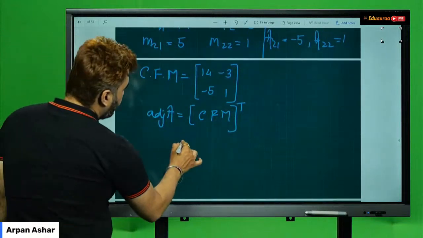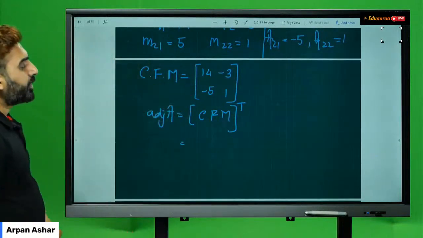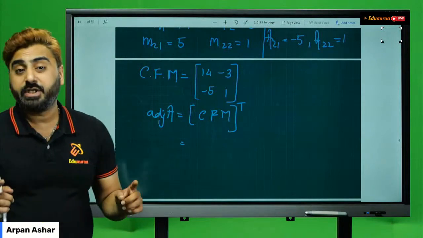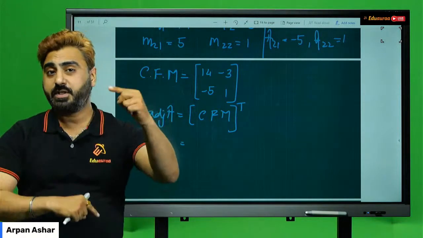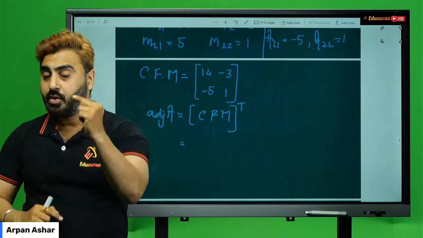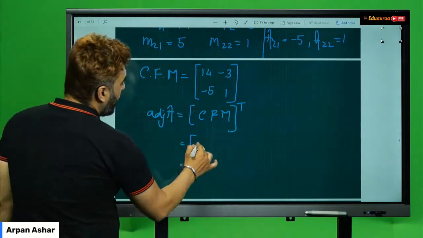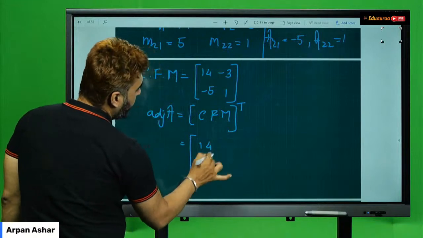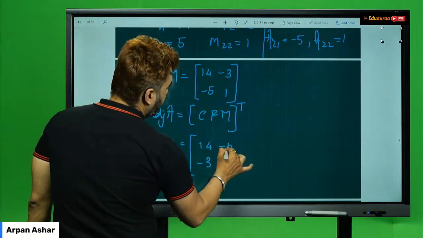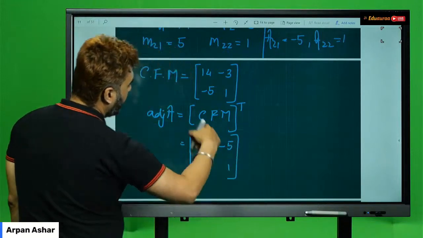So students, अगर ये cofactor matrix है, transpose क्या होगा, interchanging of rows and columns, that is R1 to C1, R2 to C2, R3 to C3. So from this we get 14 -3 -5 and 1.